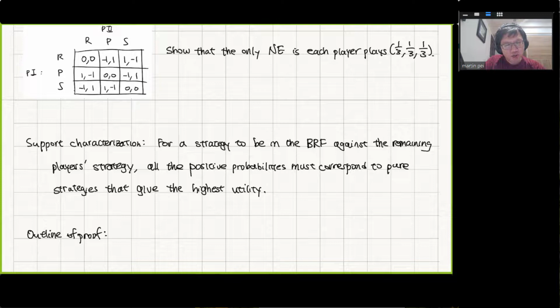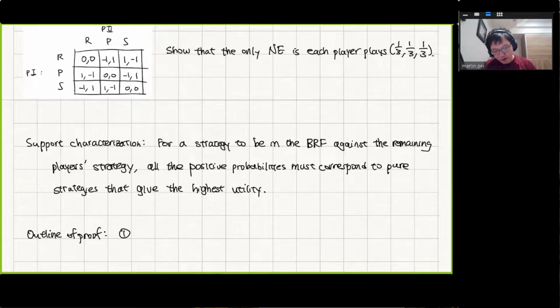That should be fairly easy to see. If you have a strategy where you just play rock, the other player will just play paper, and then you would have a reason to deviate from your strategy. That is the easy case.